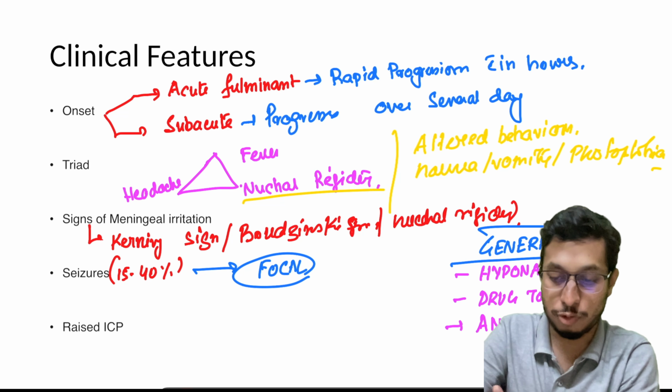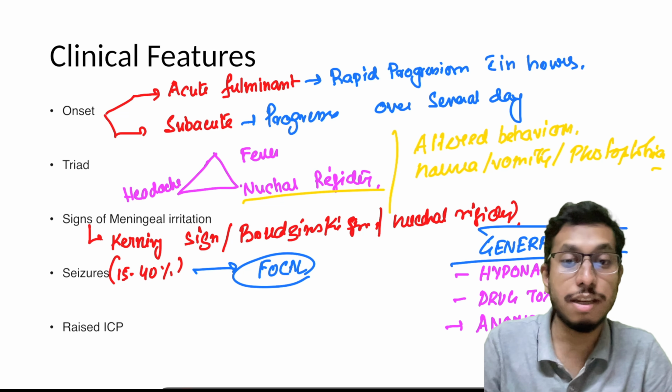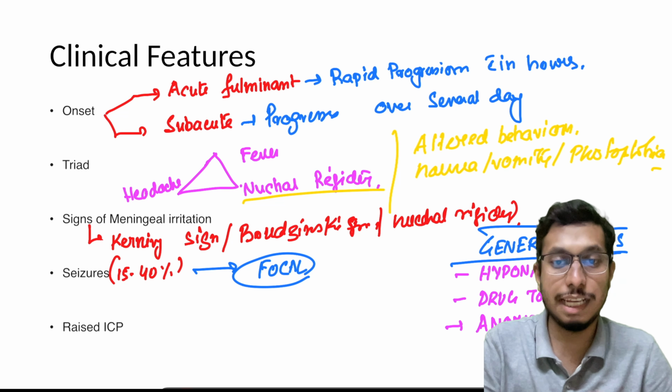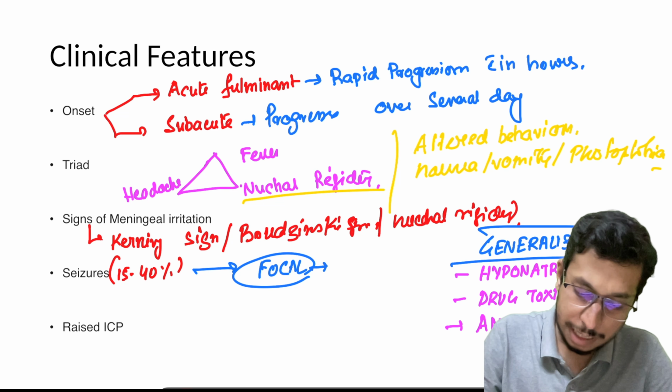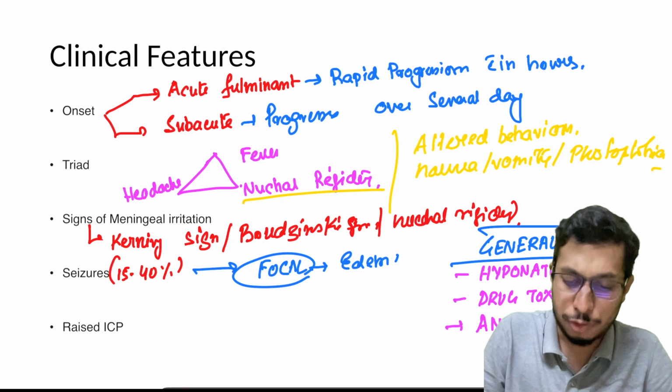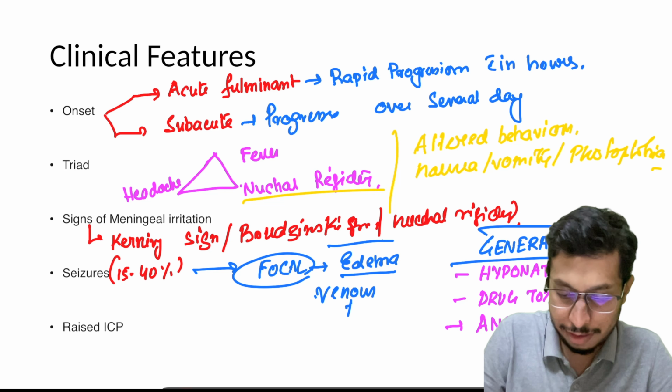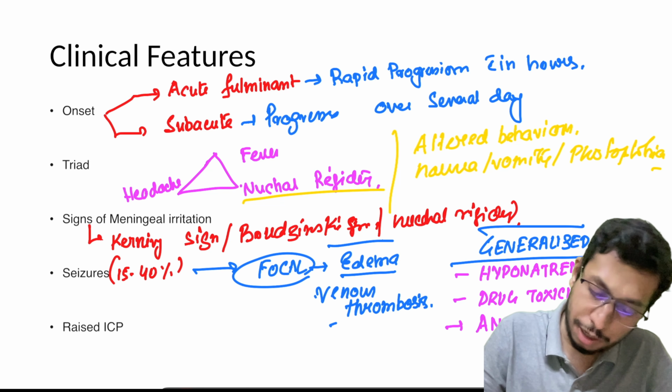Now focal onset seizure can be seen in such cases mainly due to edema formation from different pathways, and due to venous thrombosis, which is a very high chance in such cases, cerebral venous thrombosis, or due to infarct.